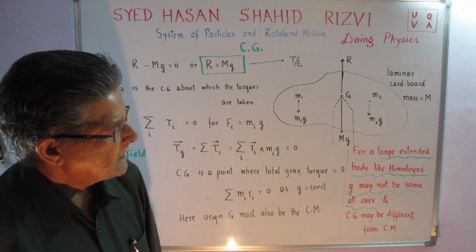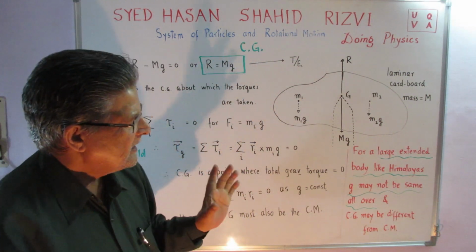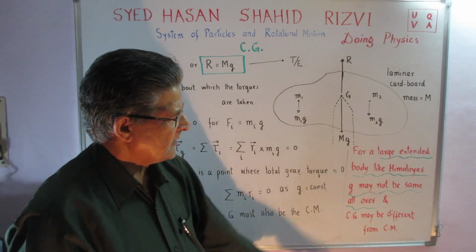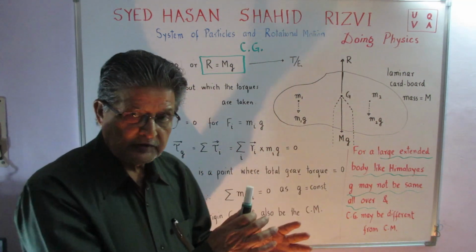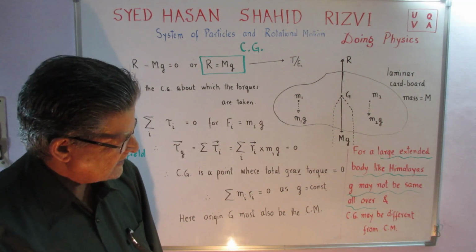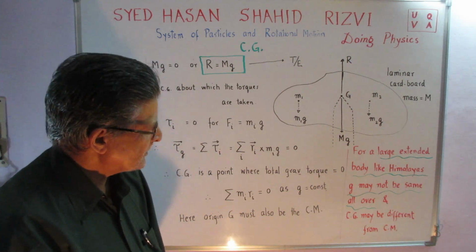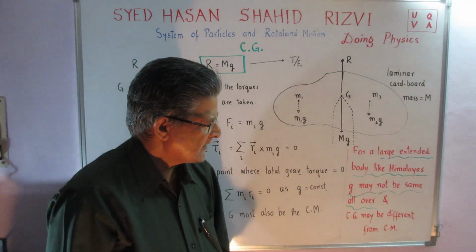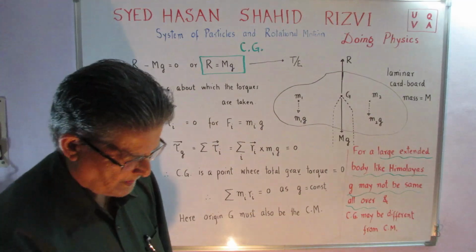So for very huge, extended bodies the center of gravity will be different from the center of mass, but for smaller bodies they do coincide at the same point. Now I take up a couple of examples to calculate the torques and to learn how the balance is brought about.